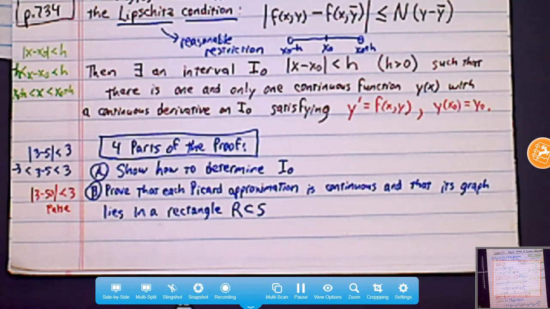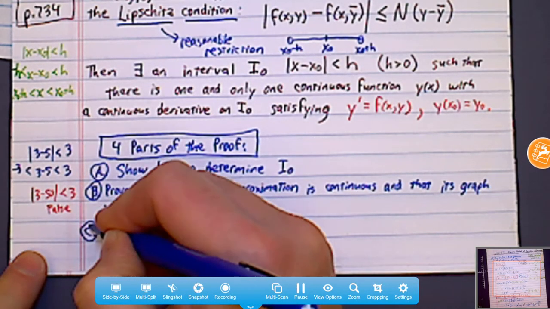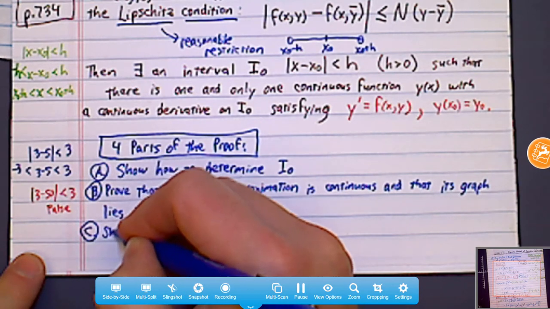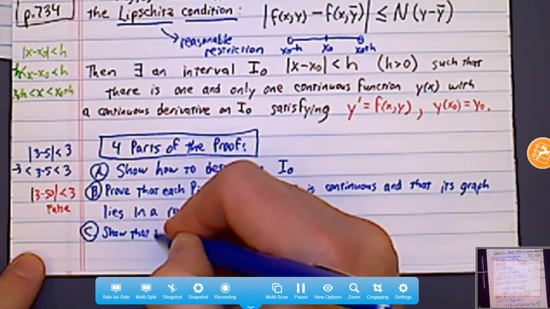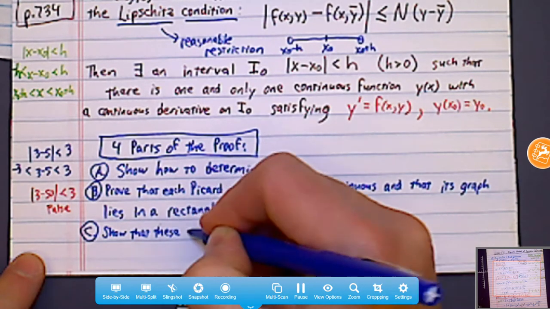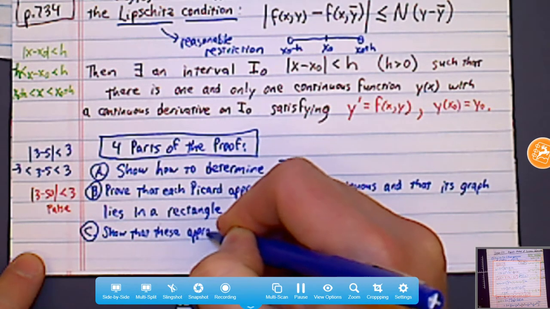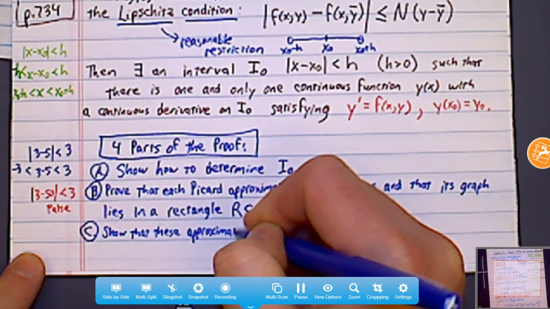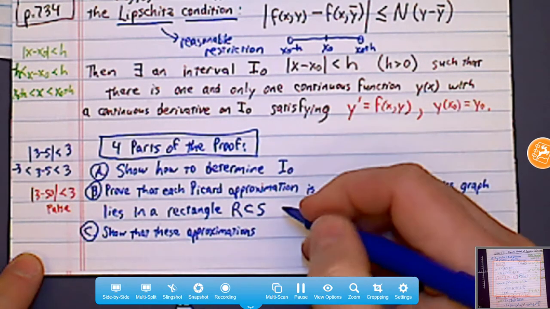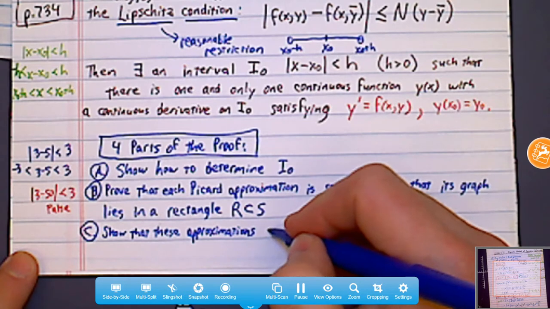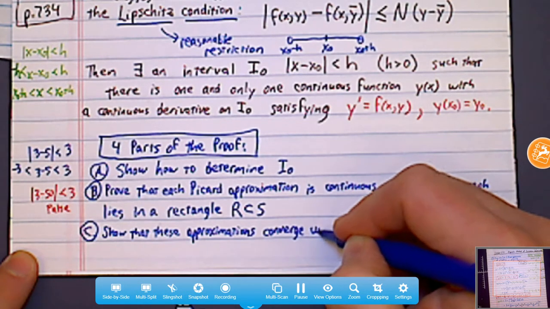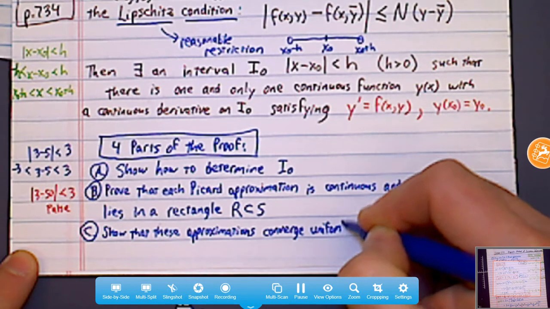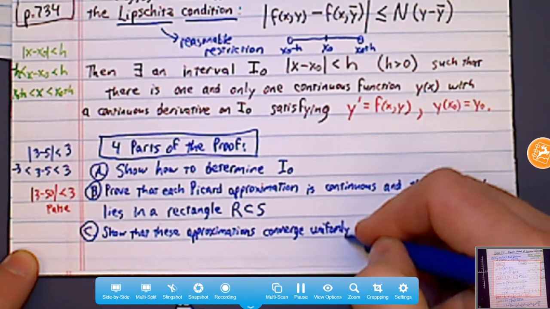Part C, we will show that these approximations converge uniformly. This is why I had to talk about uniform convergence.